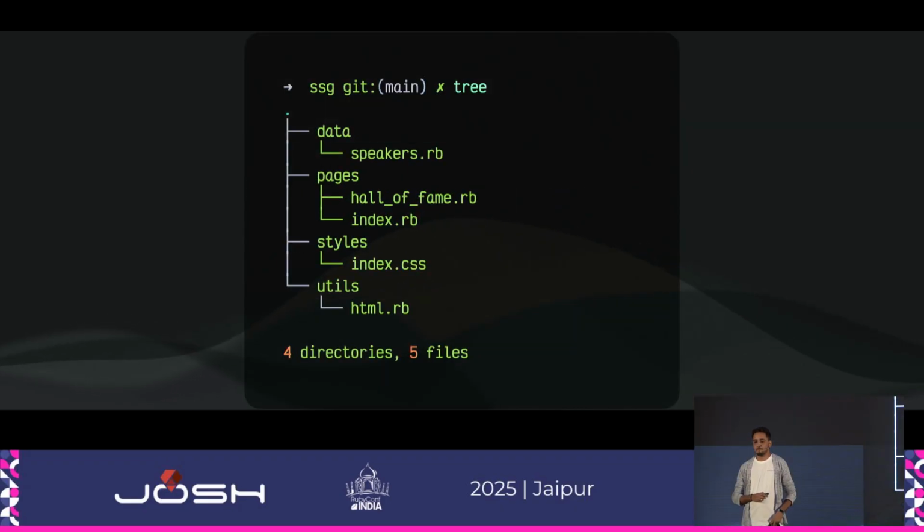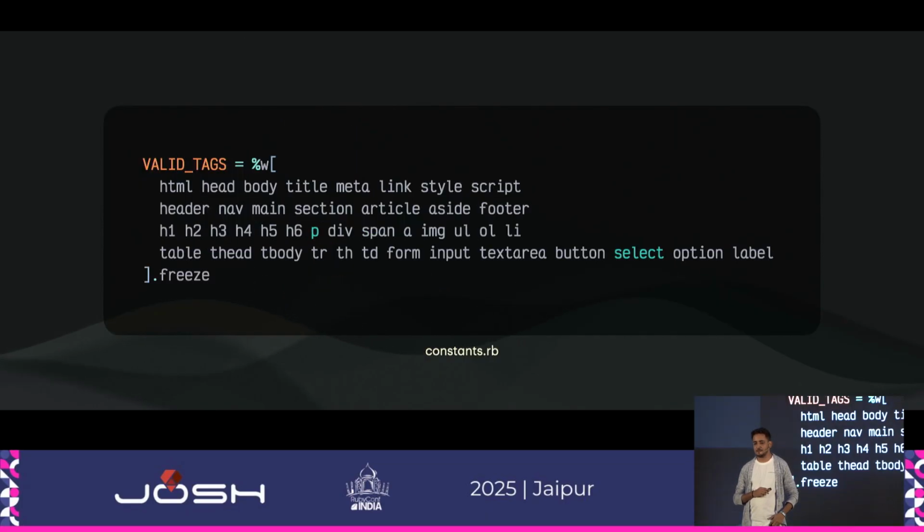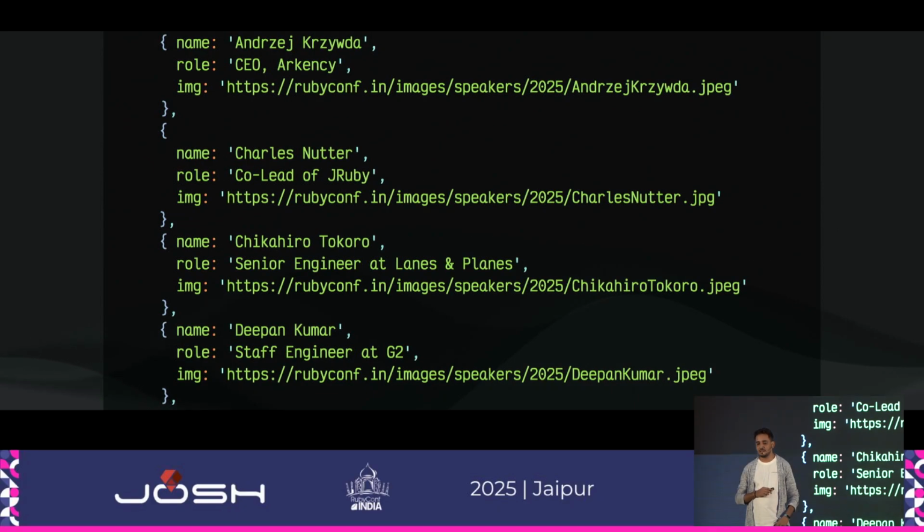Okay? And our application, a small application, is going to be very lean and thin. I have some data here, a couple of pages, a little bit of styles, and a utility to build that HTML in the first place. For our sanity, we have defined all these tags that are present in standard HTML. Not necessary, but good practice.